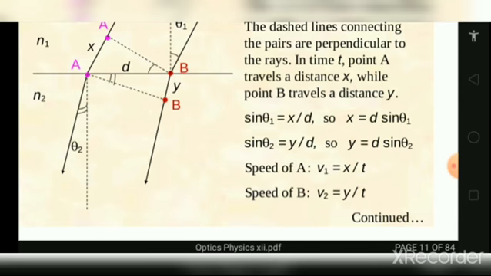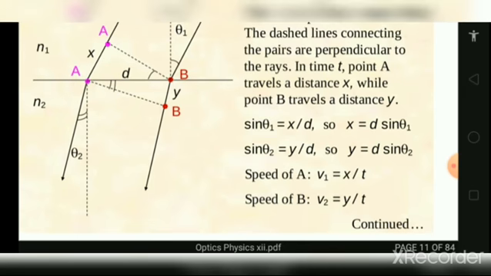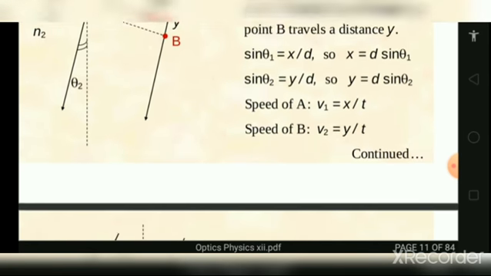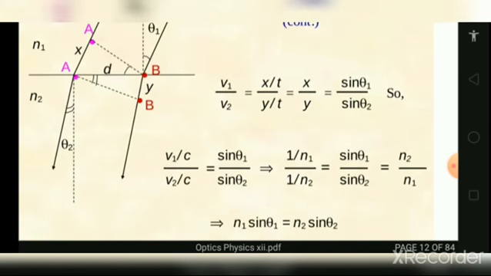You know the speed of A can be written as v is equal to x by t, and similarly for B. You can now take the ratio of v1 and v2, which gives x by t upon y by t, is equal to x upon y, is equal to sin theta 1 upon sin theta 2.